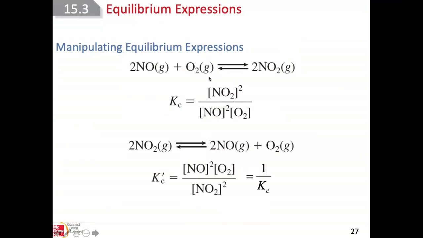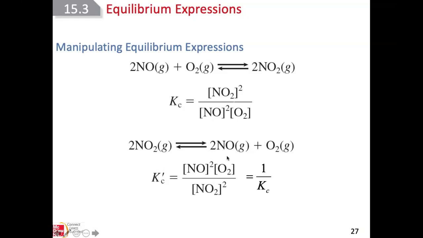Now, this is your given reaction, and we can derive the Kc expression for the forward reaction, which occurs from left to right. What if we reverse this equation? Now NO2 will react to form NO and O2. What is the Kc for the reverse reaction?